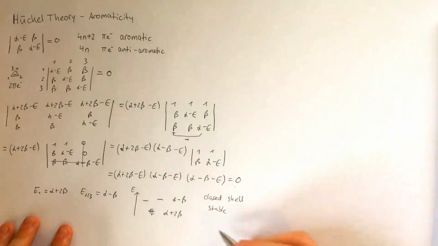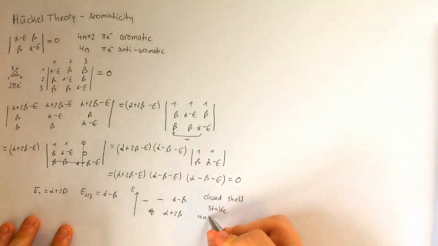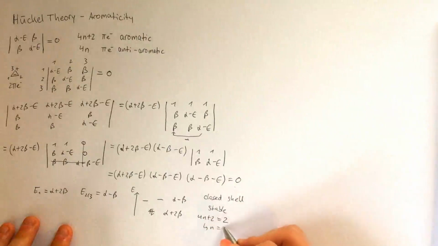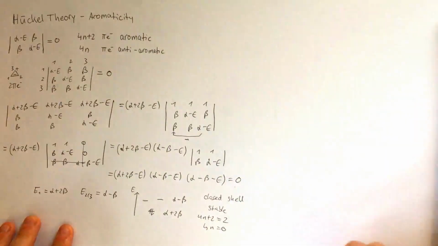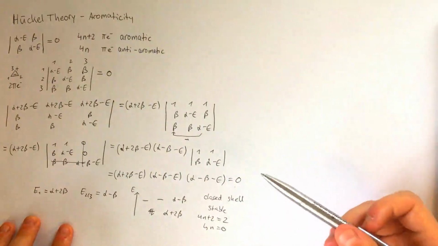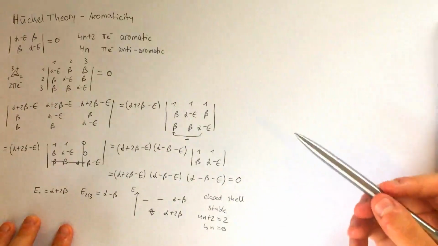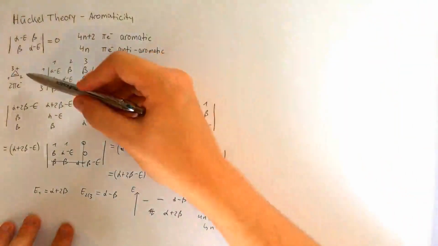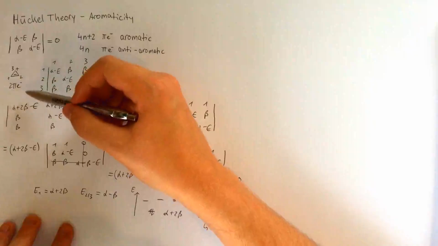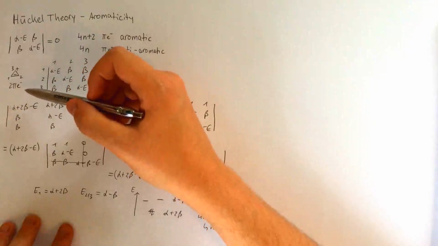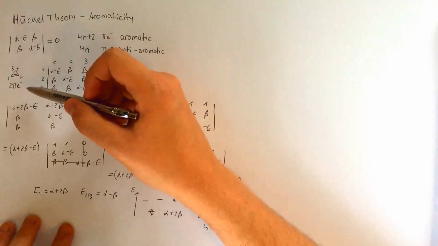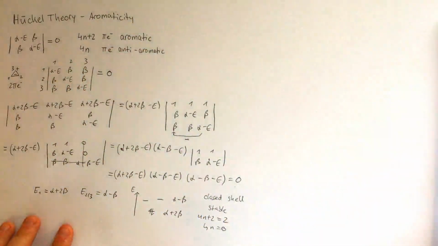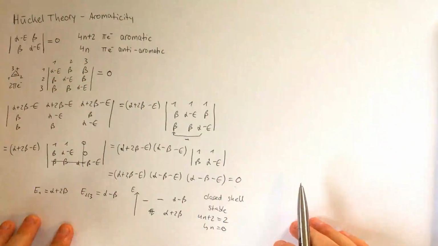And we can also say that 4n plus 2 equals 2, so that n is 0, and we have an aromatic species. And indeed, if we look at NMR data, we can see that the hydrogens on this molecule are de-shielded by a ring current, which confirms that it's aromatic.